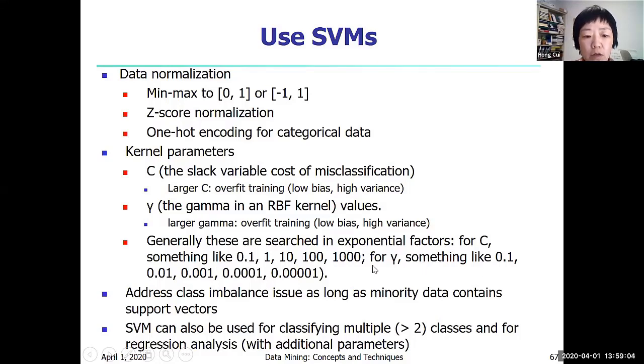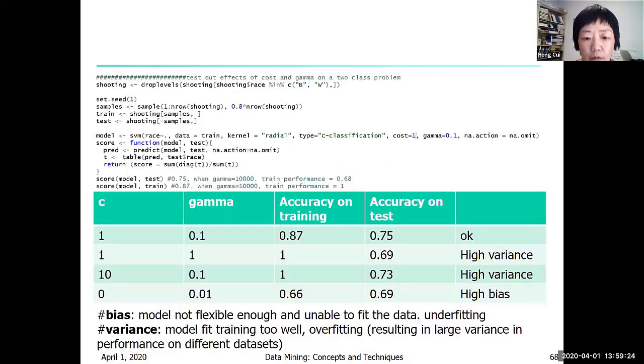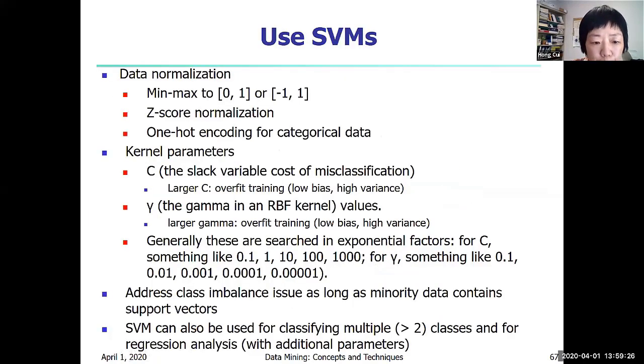For gamma, you can try out something else. In the R implementation, gamma is used. In some other implementations, sigma was used. So you have to be careful and see what is actually used in the implementation to decide how to set your values.